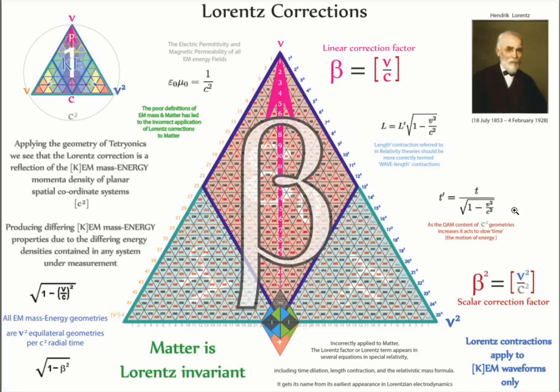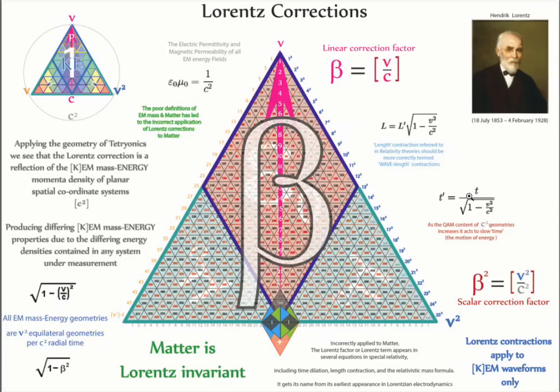And in the case of time corrections, again within other lectures, we show time to be a measure of charge, or in fact the quantized angular momentum, the equilateral geometry, per c squared, which is charge.